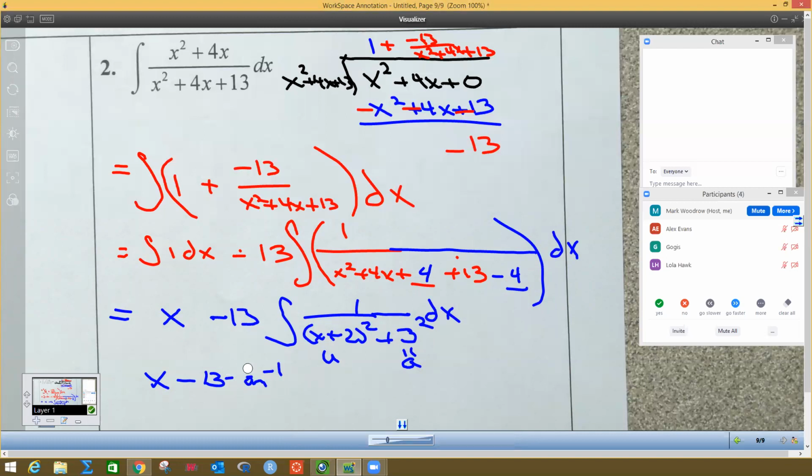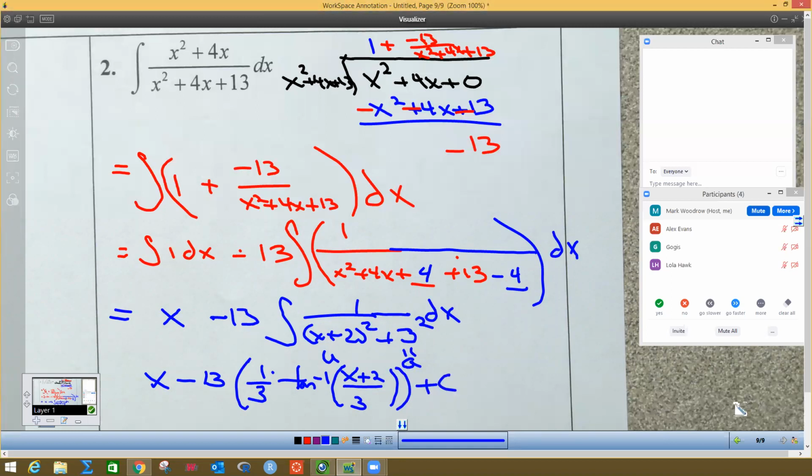I just forgot what goes in front of arctangent. So I got to have 1 over a here, and then arctangent or inverse tangent. And then it's your u, which is the part inside, not the square, the x plus 2 over your a. And then it's plus some c.